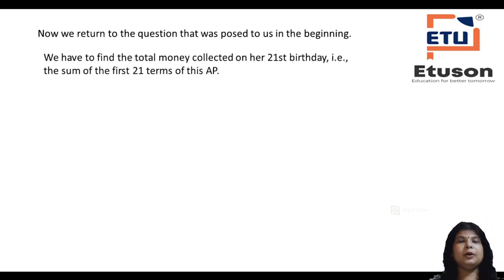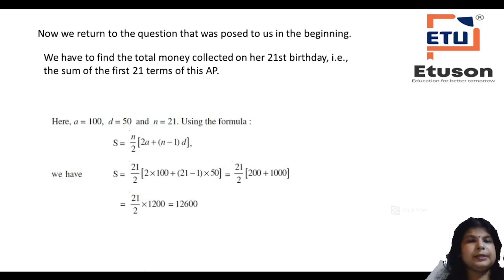So now let us go back to the problem which we considered in the beginning. We have to find out the total money collected on her 21st birthday. That is the sum of the first 21 terms of this AP. If you remember, Sakila on the first birthday of her daughter put 100. So your first term is A is equal to 100. And every year she was increasing it by 50 rupees, right?